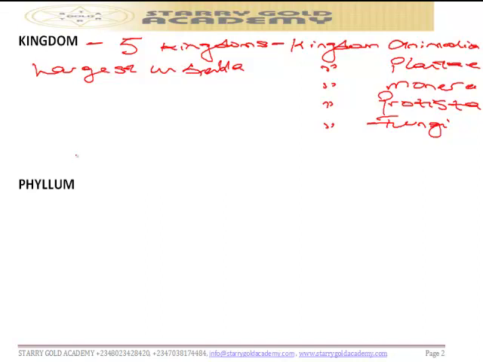So now let's go to the phylum. The phylum is the next phase of classification after the kingdom. Each of these kingdoms has its own phyla.